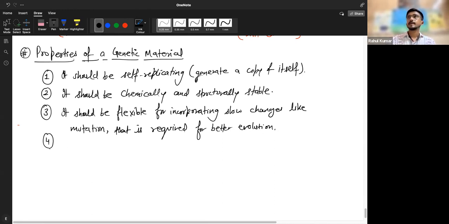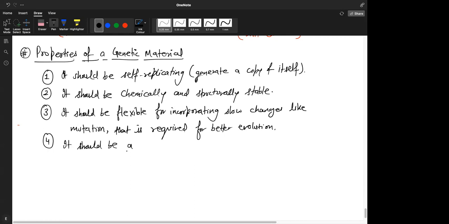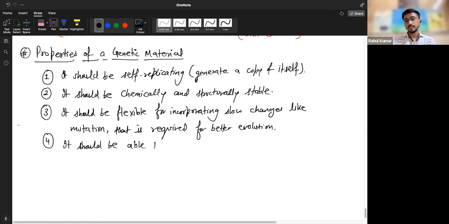And then coming to the point that Reem pointed out in the first place, that it should be able to inherit itself, right? It should be able to express itself in the form of Mendelian characters.